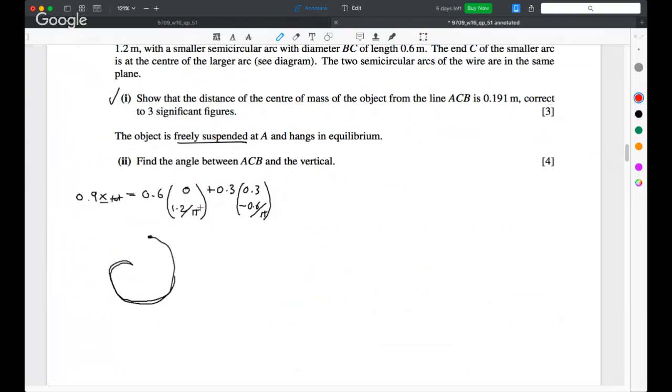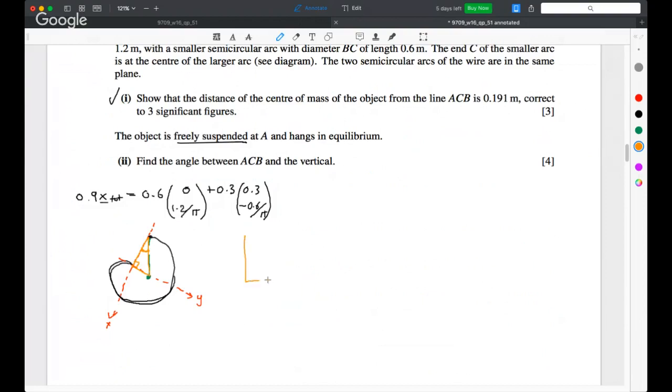And so we're imagining this is the x-axis we had before, and this is the y-axis, and the center of mass is here somewhere. So really, we need to know the angle. That's what they're being asked, the angle here. So that's a right-angled triangle.